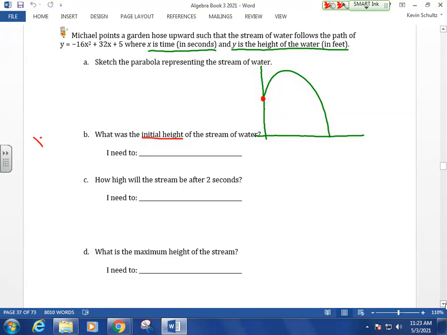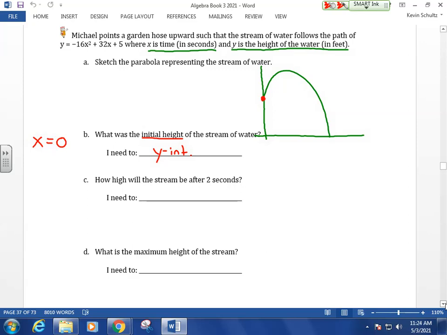So we're looking for a time value or an x value of 0. What information involves there having an x value of 0, Brent? The y-intercept. Okay, and that's where sketching it can be helpful too, right? We can see that that's the y-axis there. Where the water starts coming out, that's the y-intercept.